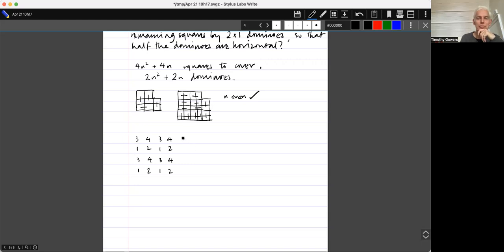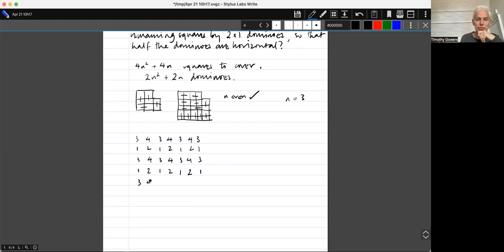So I'm going to see whether I can prove, just using this, the case n equals 7. Not n equals 7, actually. I mean 2n plus 1 equals 7, so n equals 3. So that goes up to 1, and then 3, 4, 3, 1, 2, 1, 3, 4, 3.